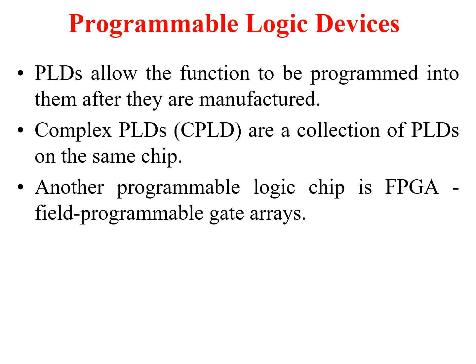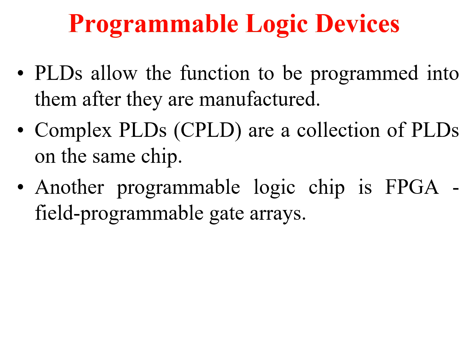And the next one is the programmable logic device. This programmable logic device allows the function to be programmed into them after they are manufactured. This is divided into two types. One is the complex programmable logic device and another one is the field programmable gate array.